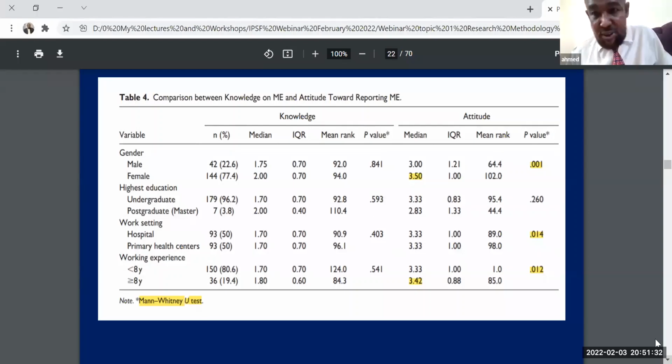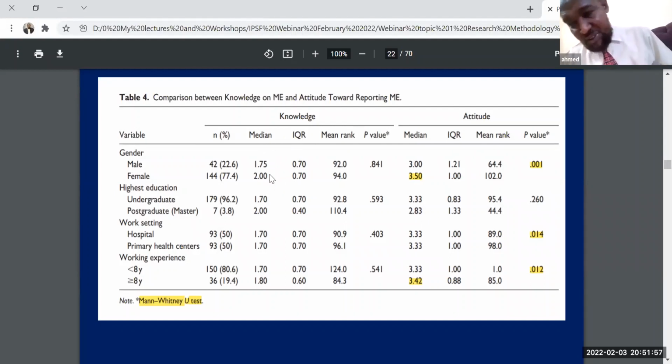They include both knowledge and attitude, and this time they compare the overall score among different categories. For example, gender, male and female, they compare the score. Here they use median instead of mean, because in the data presented before, they used mean and standard deviation. Here they use median and interquartile range.